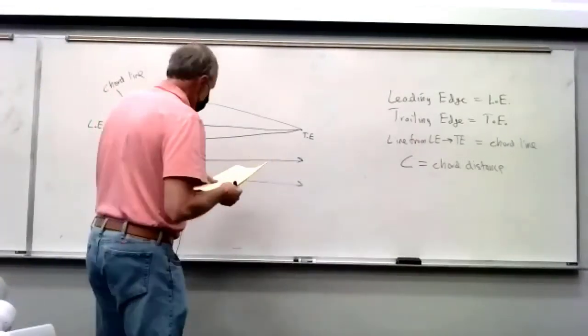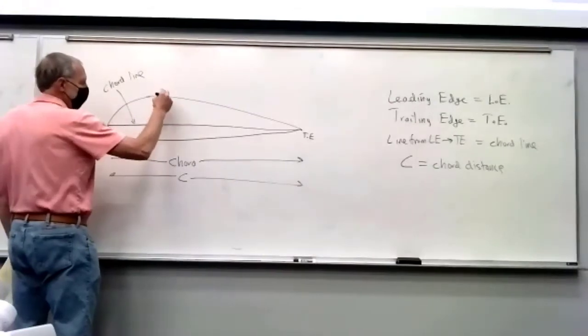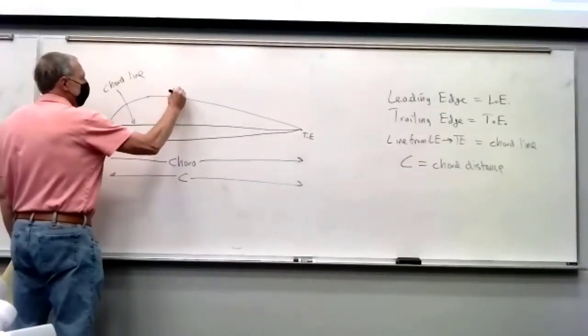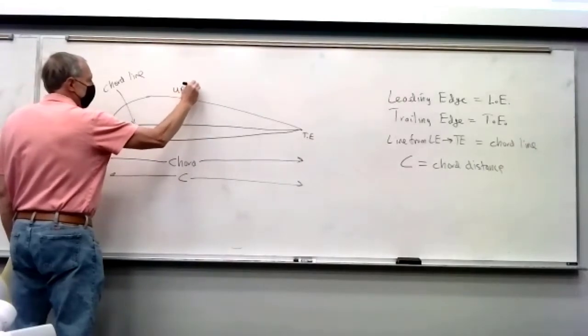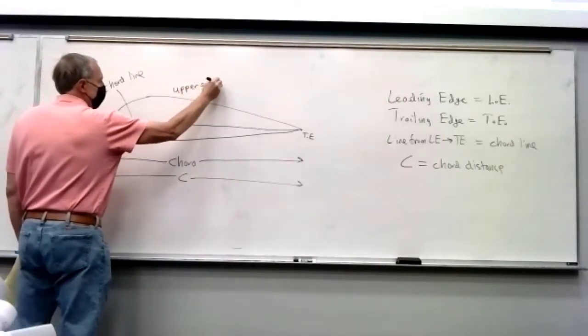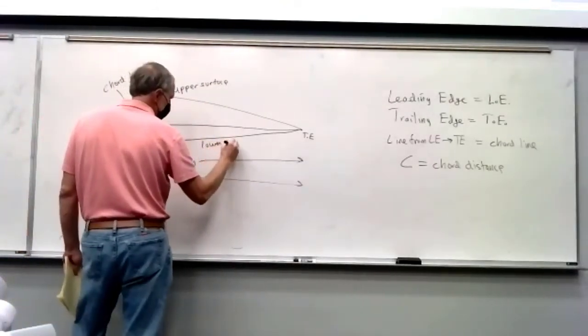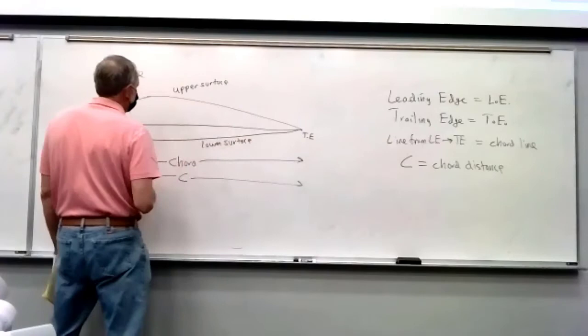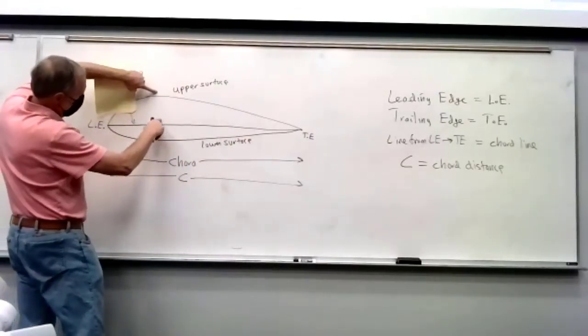All right, now draw a dotted line halfway between the upper and lower surface. Let's label those two. So this is the upper surface. This is the lower surface. Draw a dotted line halfway in between. So take this and this, and eyeball halfway in between.